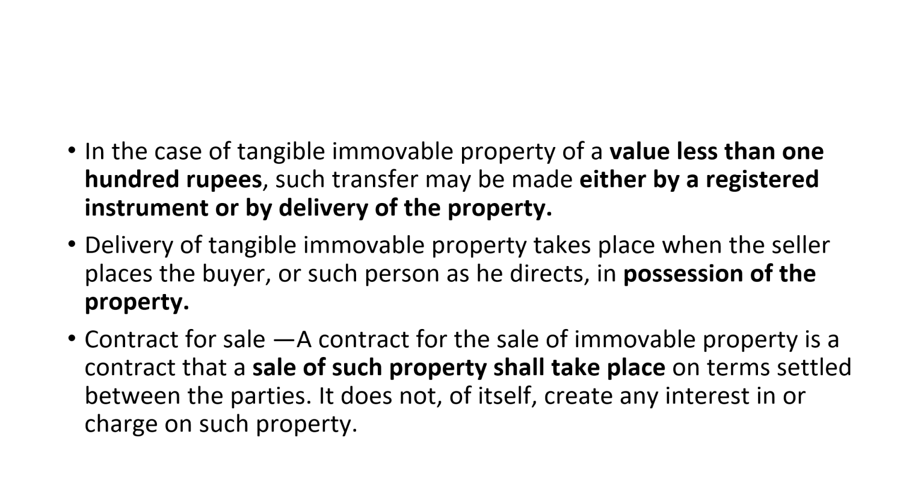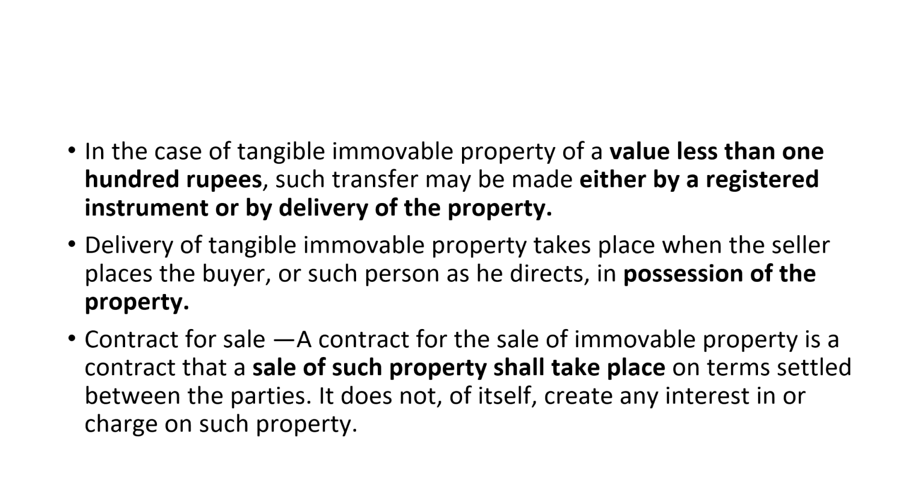That means just transferring the possession of the property. If the price of immovable property is less than 100, registration is optional, and merely by handing over possession, transfer can be implemented.